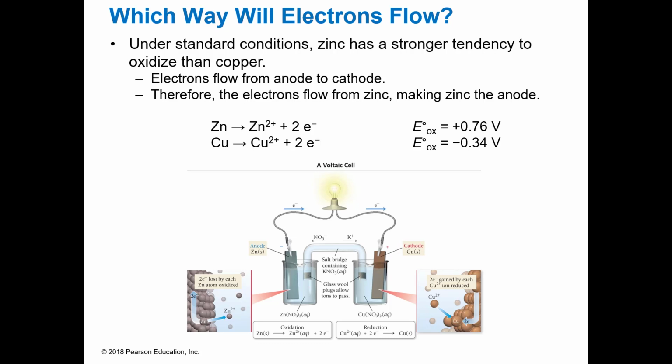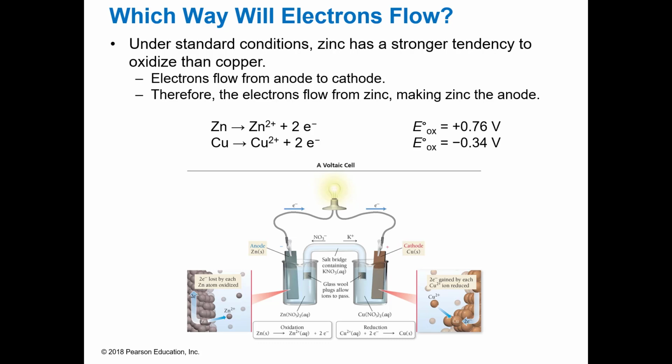But what happens when we put these two half reactions together and we have a salt bridge to separate the two half reactions? Well, because zinc wants to be oxidized, it will oxidize, and that's where the anode is. Zinc will oxidize. We call that the anode.